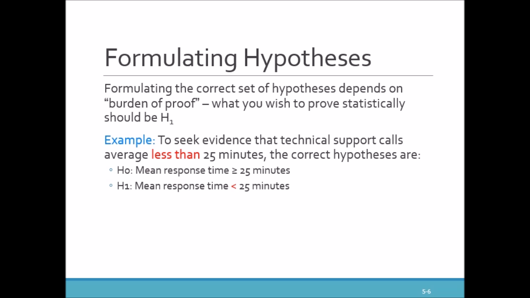So again, whether you're trying to prove something, statistically it requires proof, some evidence within the data. So to seek this evidence that supports our alternative hypothesis, say on average less than, so here we go, formulating the correct set of hypotheses depending on burden of proof.